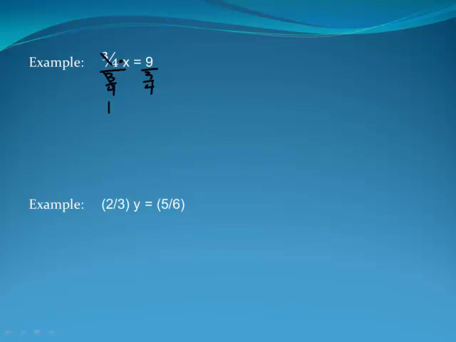So on our left-hand side, we're left with 1 times x, or just x, and our variable is isolated.